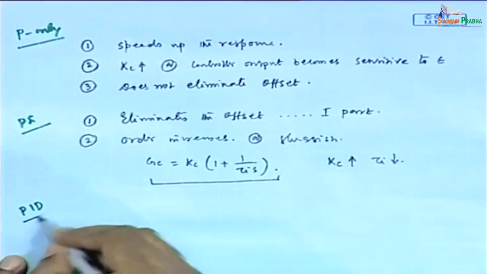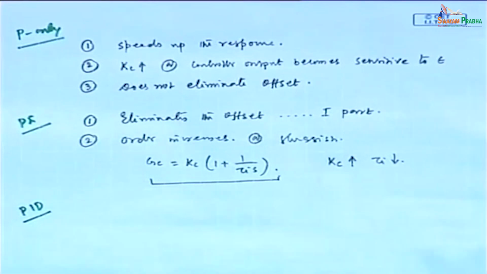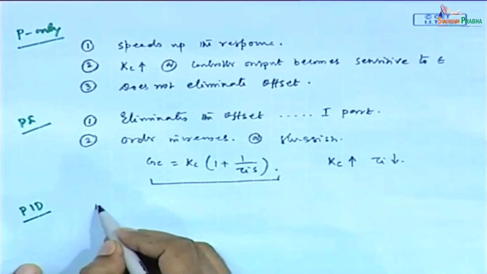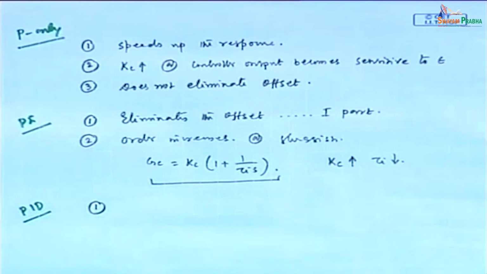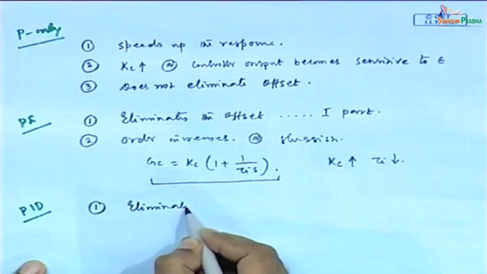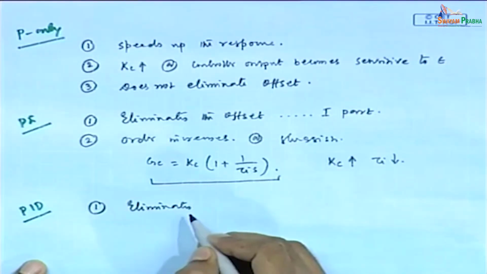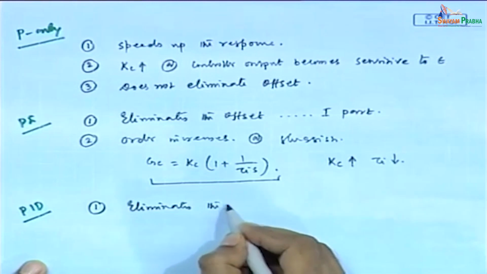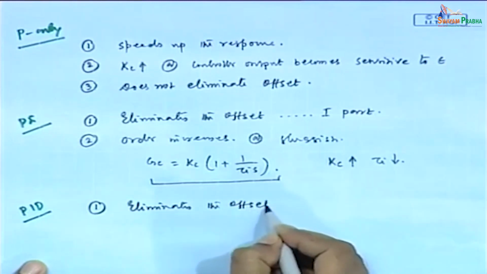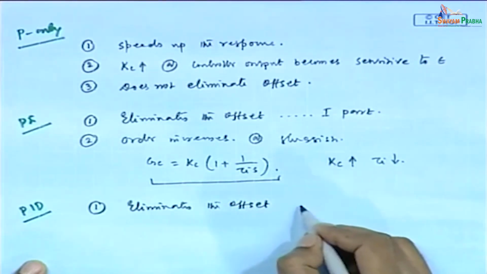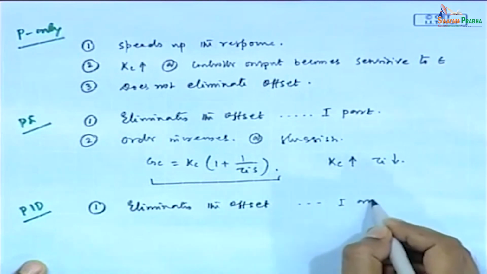Fine. Next is the PID controller. So, first we can say that it eliminates the offset. PID controller eliminates the offset, and this is definitely the effect of integral action.